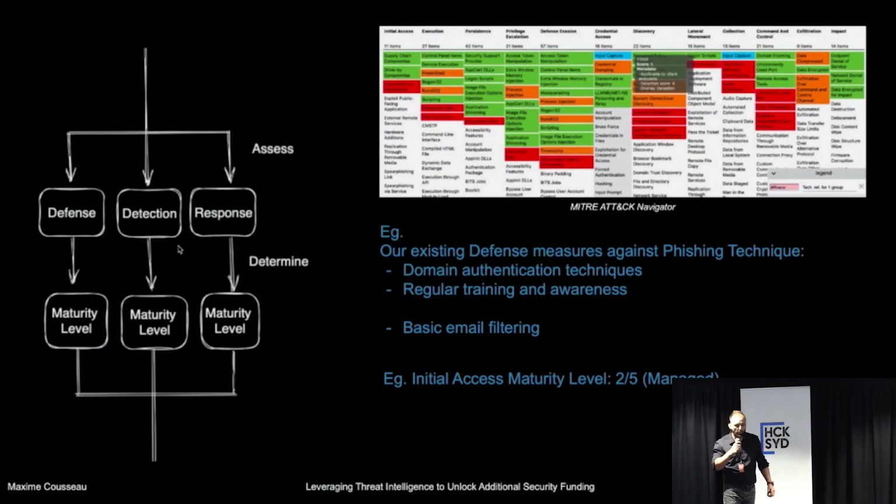You start by listing the controls that you have in place, for example for the phishing technique, what sort of email filtering you have in place.